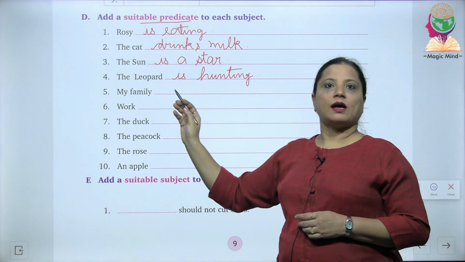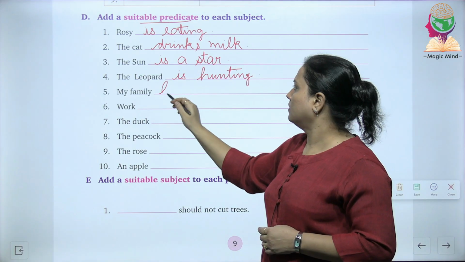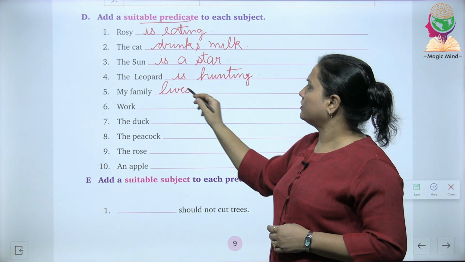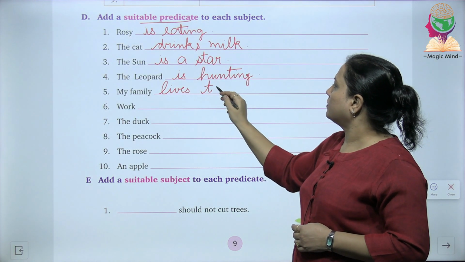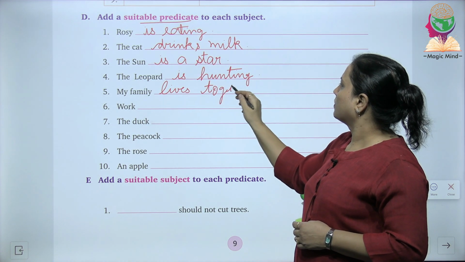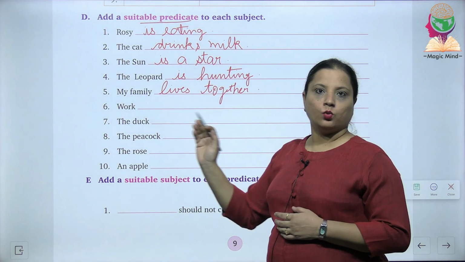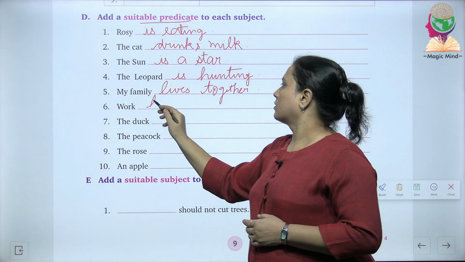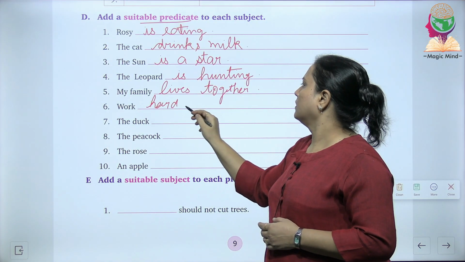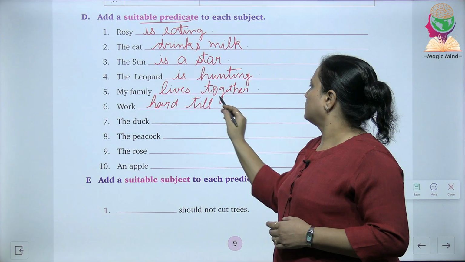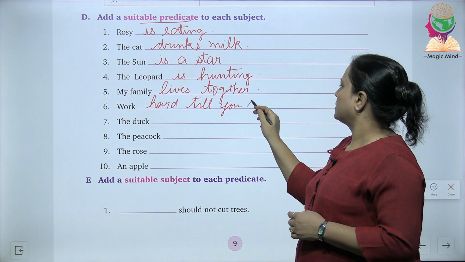Number 5, my family lives together. Full stop. Number 6 is work hard till you succeed.